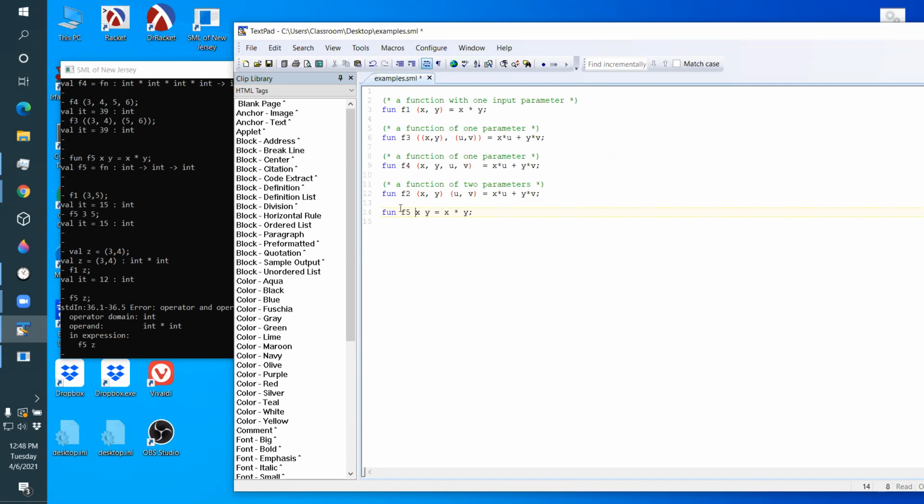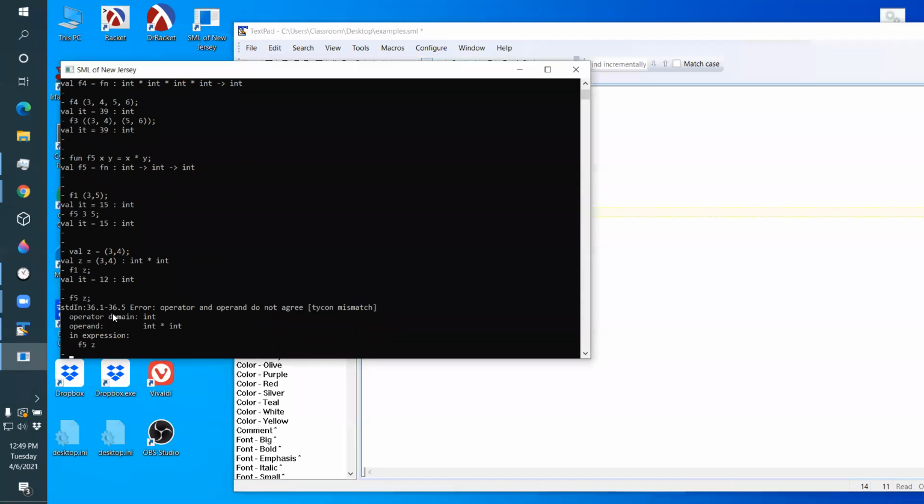Because what this really is going to amount to is that F5 takes only in X. And then we'll see later on that F5 only has one input, which is X. And Y is kind of funny. We'll say later what's really going on here. So ML's error message is that the domain, the input to F5, was supposed to be int, but it got a pair of ints.